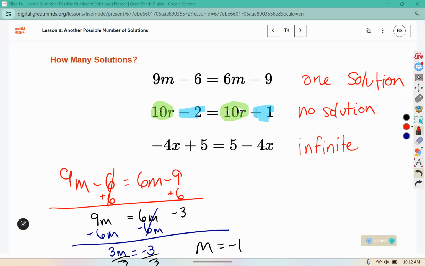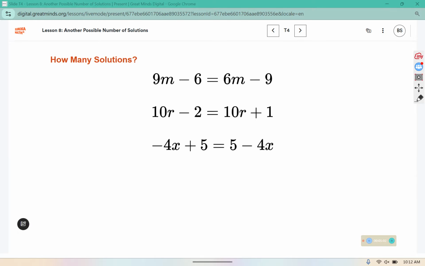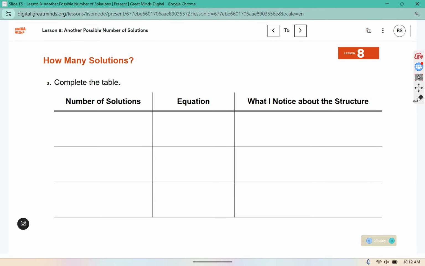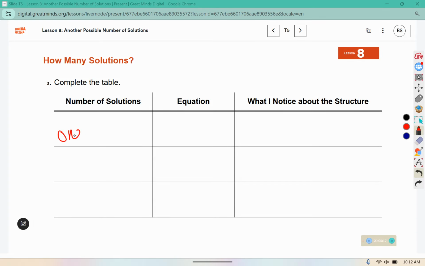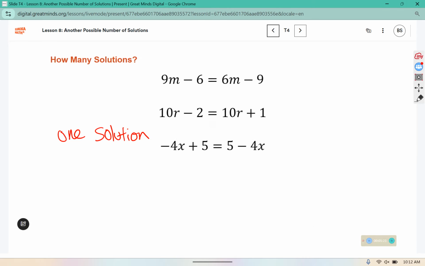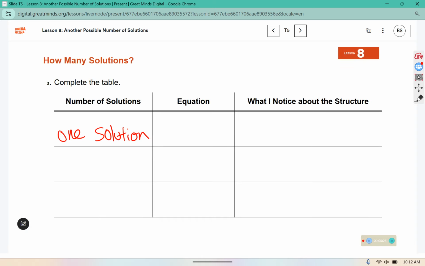There are 3 different possible options. We can have one solution, no solution, or infinitely many solutions. So we're going to write them in here. This is one solution. And the equation for that was 9m minus 6 equals 6m minus 9.